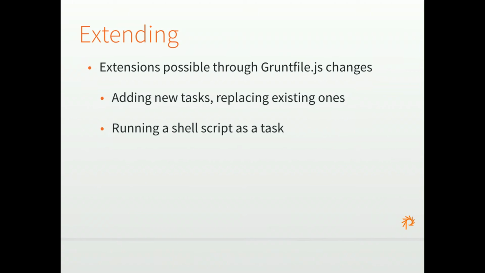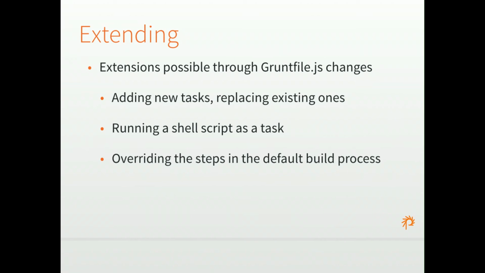You could also add a task to run a shell script. So you might have some operation you want to run every time you're building. Maybe it's a bunch of Drush tasks like Drush CC and FRA and UpDB. Maybe you put those in a shell script and then add running that shell script as a task to your gruntfile.